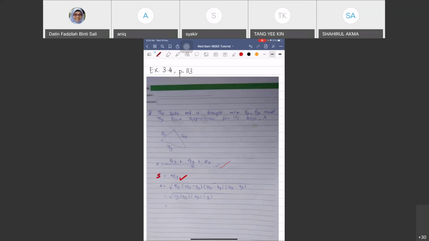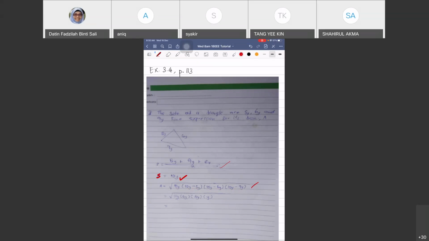And then to find area, just substitute into the formula. Heron's formula is the square root of S times S minus A times S minus B times S minus C. So what you need to do is just do like this. You have S and then you have your S minus A, S minus B, S minus C. So that is correct.